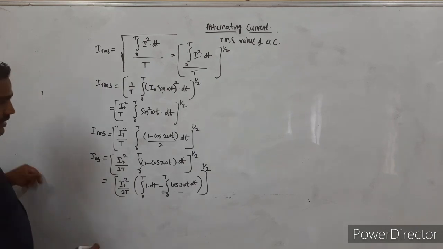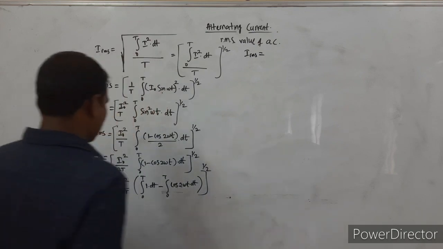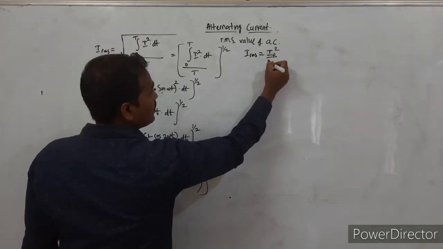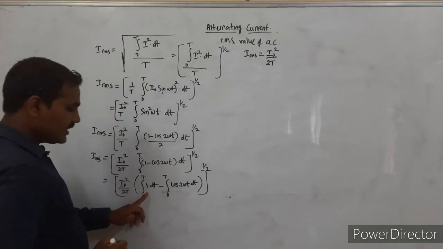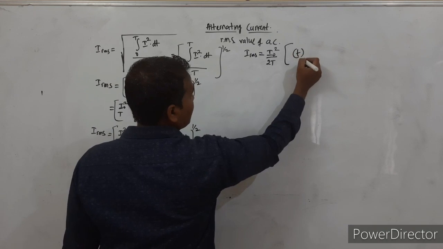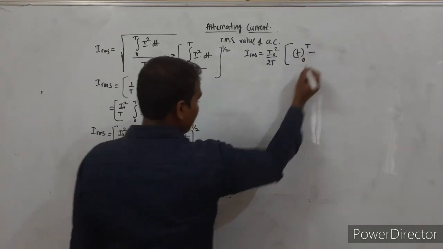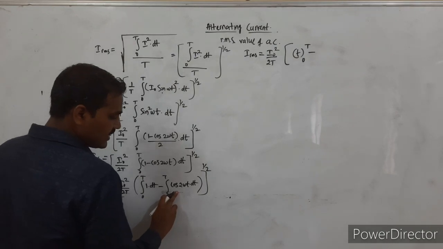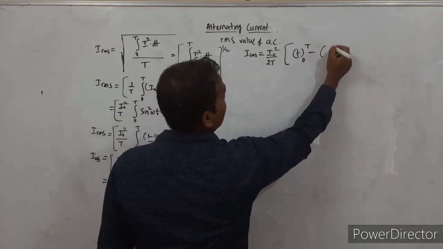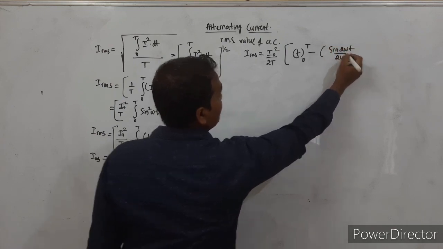Now let me write I RMS is equal to I naught square divided by 2 times T, integration of 1 with respect to t is equal to what? t, between the limits of 0 to capital T, minus integration of cos 2 omega t, that is nothing but sin of 2 omega t divided by 2 omega.